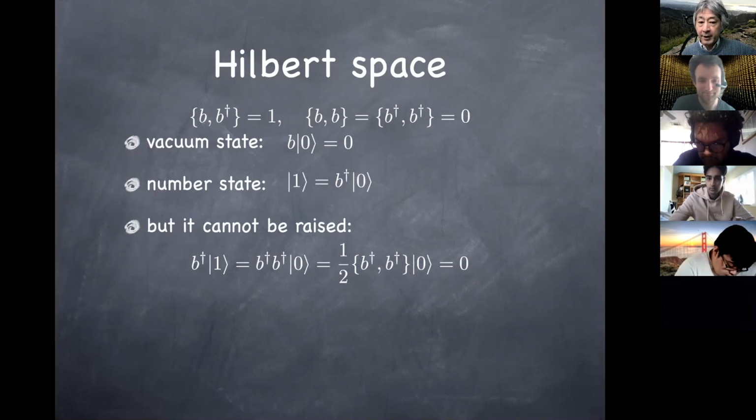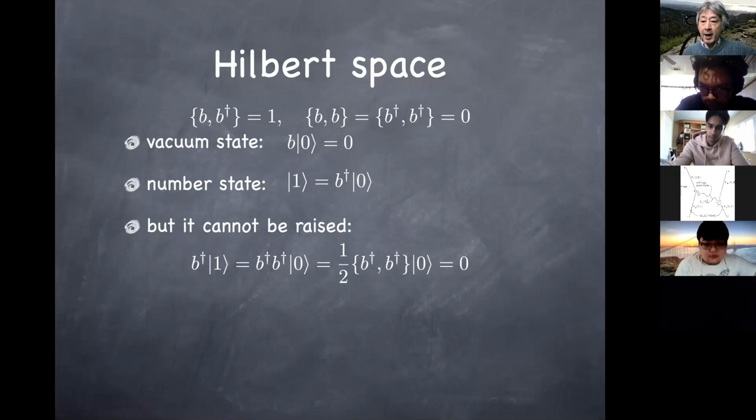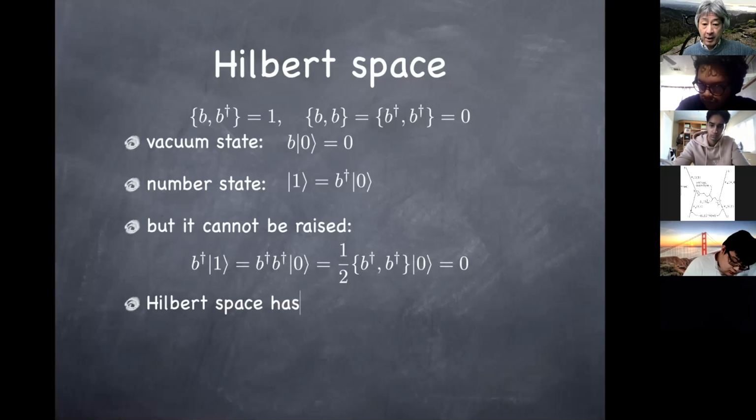If you put a half on it, that's the same thing as B dagger. But what we did in these anti-commutation relations is that the B dagger anti-commutator vanishes. So if you look at the beginning and end, acting B dagger on 1 returns 0, which means that the singly occupied state cannot be raised any further. You cannot put two particles into the state, and that's exactly what we want for fermions. So that's how the anti-commutation relation really helps us deal with fermions.